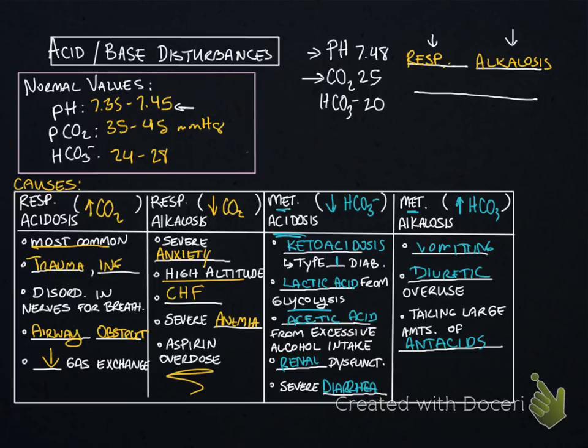Now, this last blank, you need to fill in whether or not you have compensation. That means the other system is trying to fix the problem. One is causing the problem and the other one is trying to fix it. So if respiratory is causing the problem, then hopefully the kidneys are trying to fix it. So how do you figure that out?